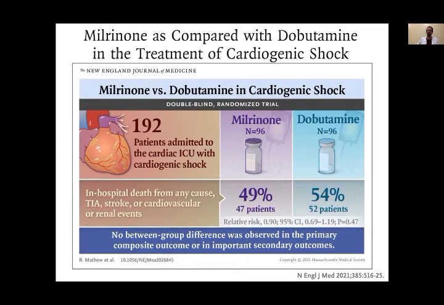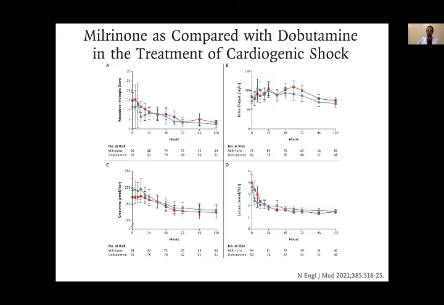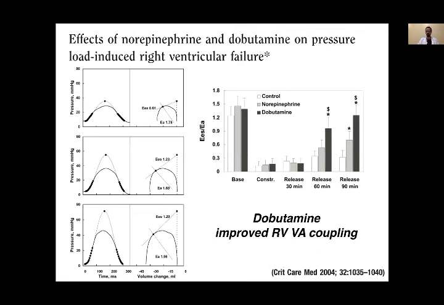They did not see any difference in the primary composite outcome of hospital death from any cause, stroke, cardiovascular or renal events. And the other endpoints, the vasoactive inotropic score, which is a very important index for critically ill and cardiogenic shock patients, lactate, creatinine, and urine output, did not change significantly across these two groups at increasing dosages of milrinone and dobutamine.